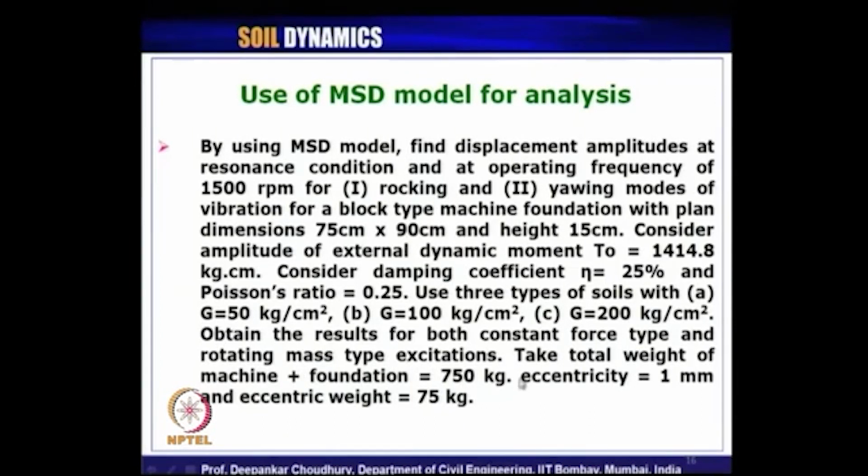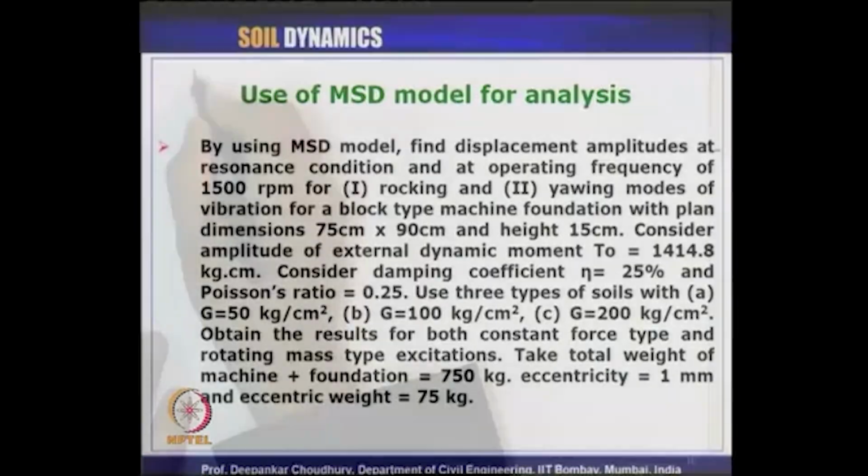And for rotating mass type excitation, it is given that eccentricity and eccentric weight are given to us, whereas the total weight of machine plus foundation system is 750 kg force is provided to us. So, let us start with rocking mode of vibration, solving the problem.